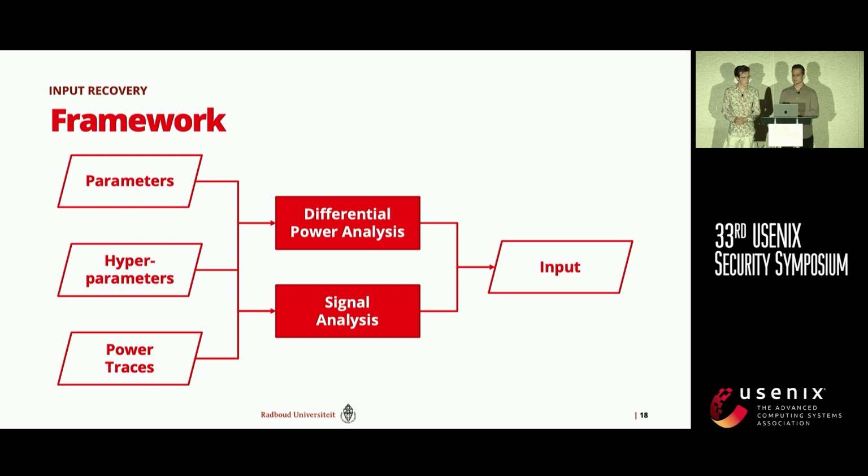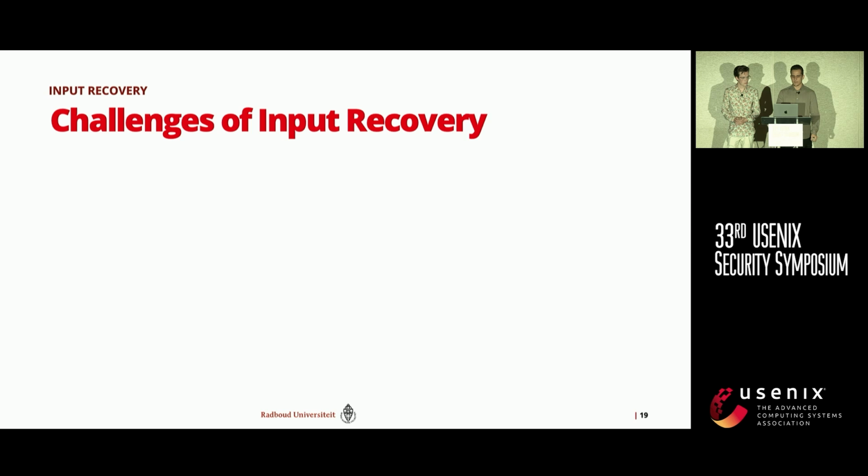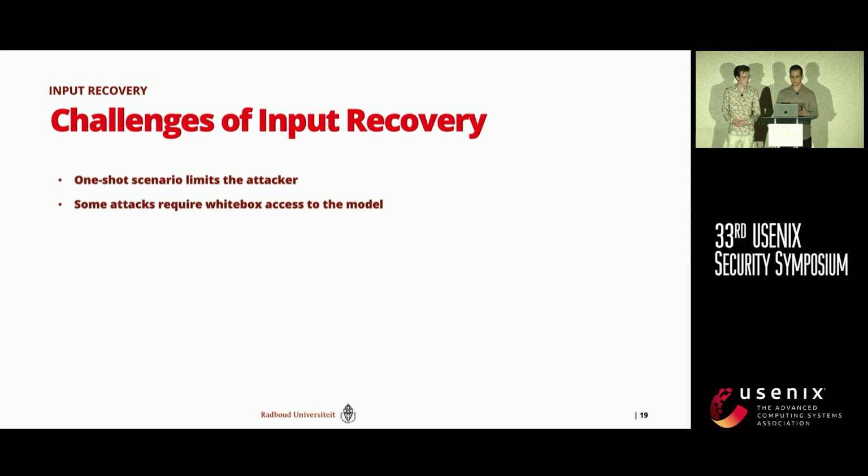In addition, there are other approaches which aim to reconstruct a silhouette of, let's say, an input image, or just partial information, based on setting thresholds and deciding whether this is a black pixel or white pixel. As I mentioned, this one-shot scenario really limits the adversaries in what they can recover regarding inputs.